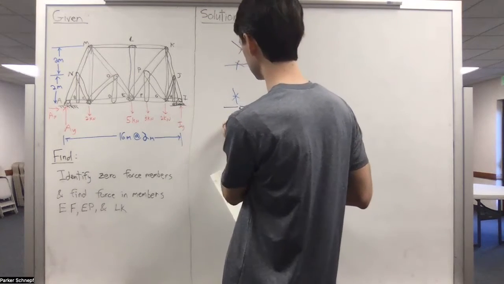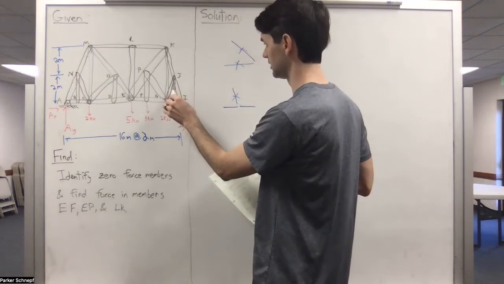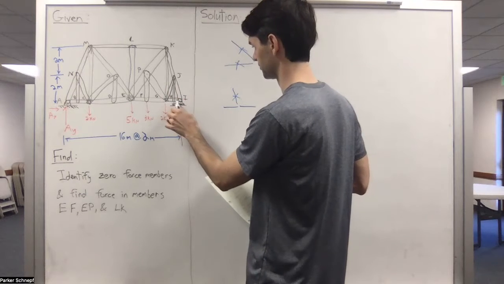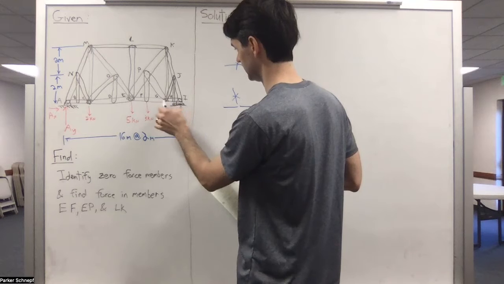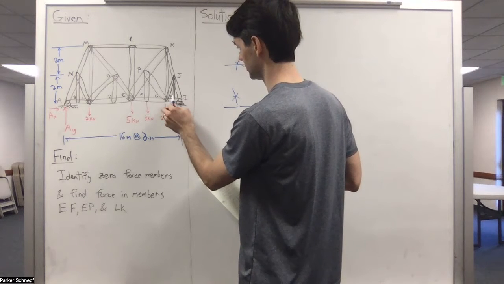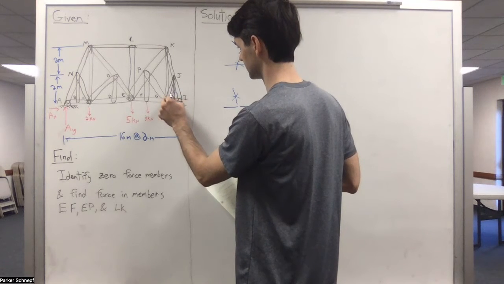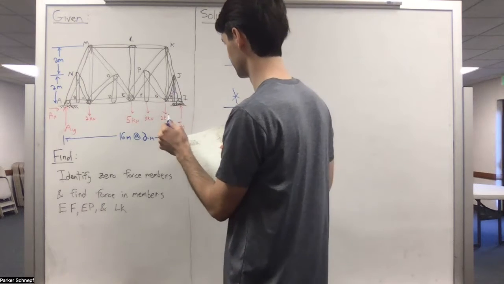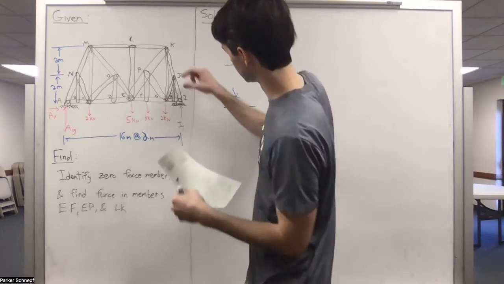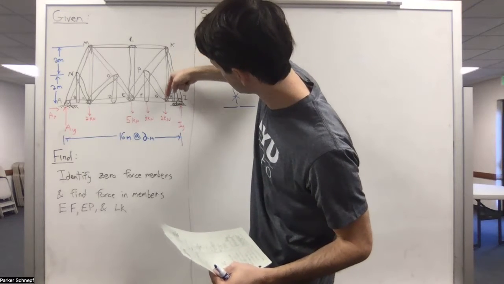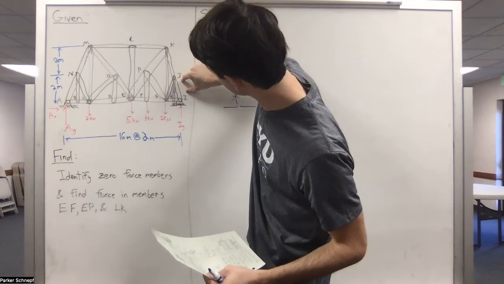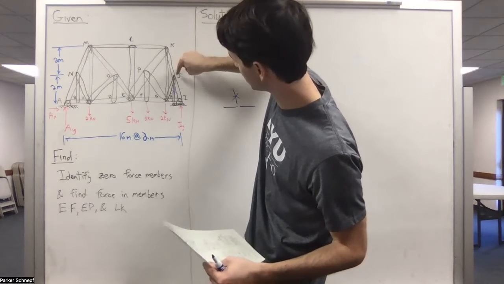So I see an example of this right here on HJ. At this joint, IH, HG, those are collinear. HJ is not. And now that that one's not, then the same condition actually applies for JG, because IJ and JK are collinear, but JG is not.